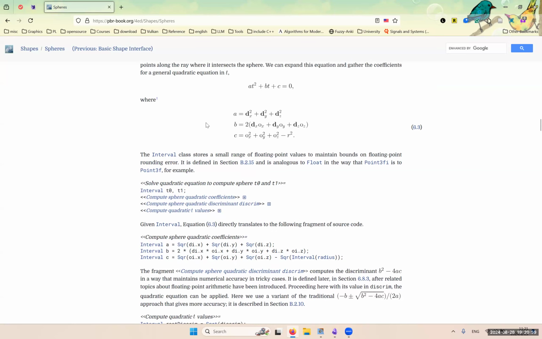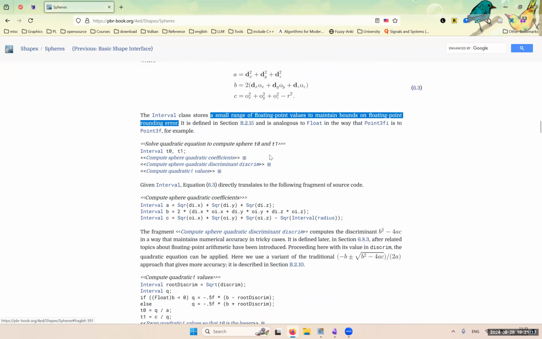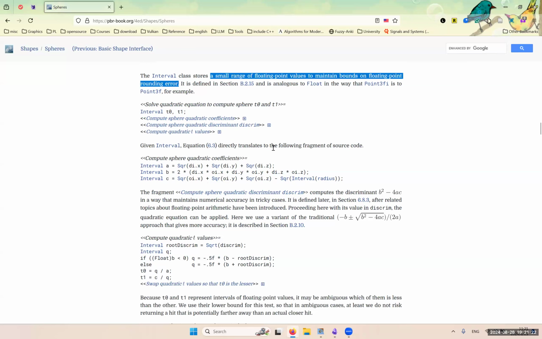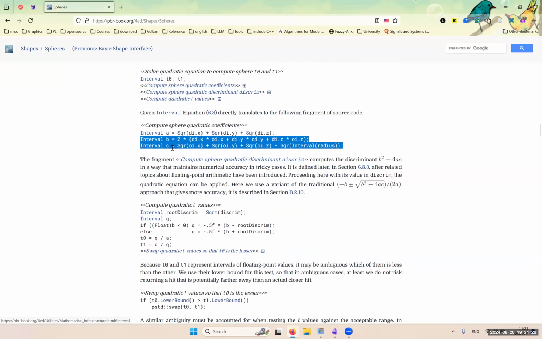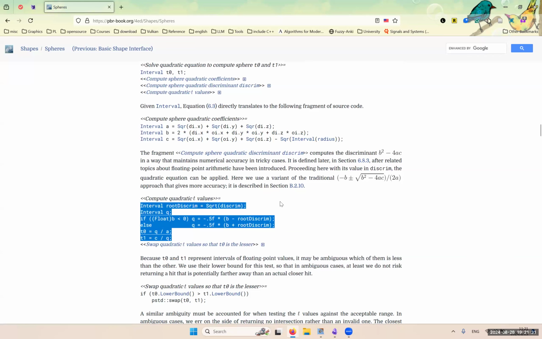The interesting thing is that they store an interval class, which stores a small range of floating point values to maintain bounds on floating point rounding errors. Otherwise it's just calculating A, B, and C, and then doing some high school math.